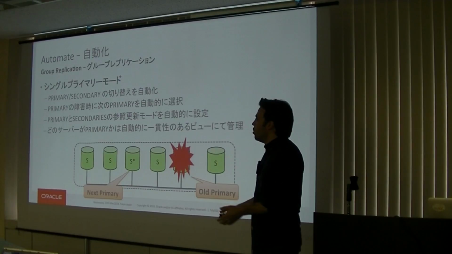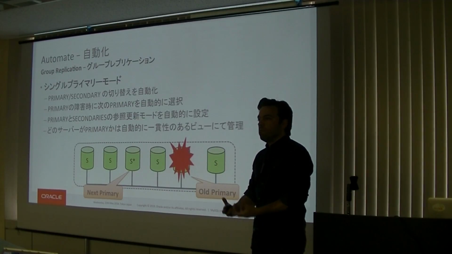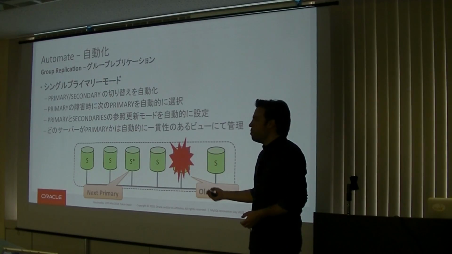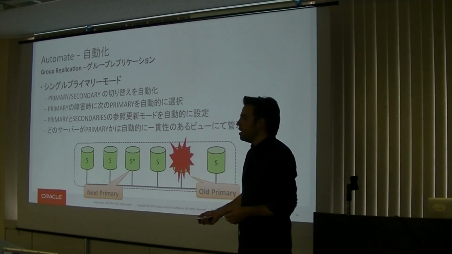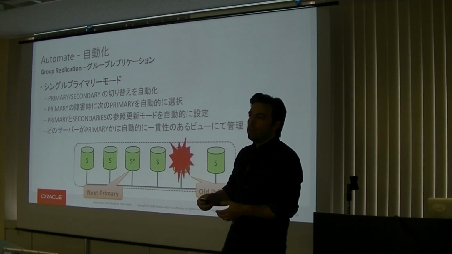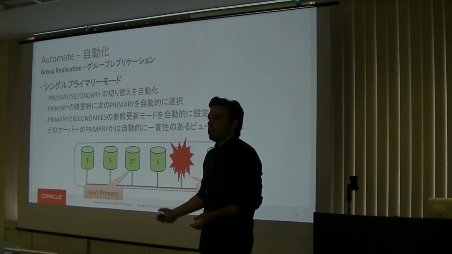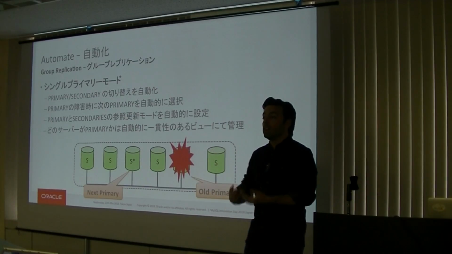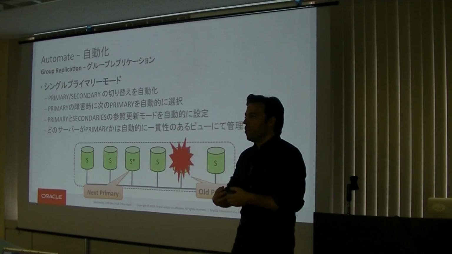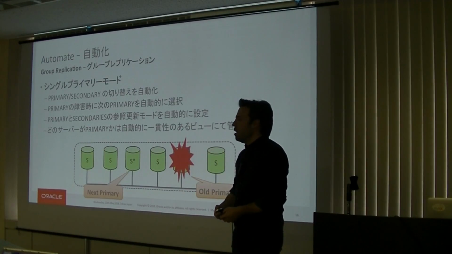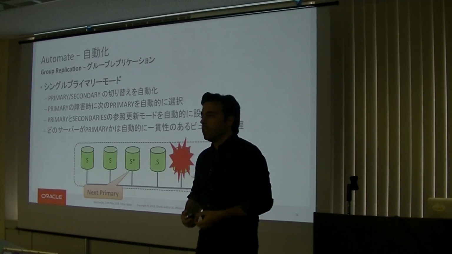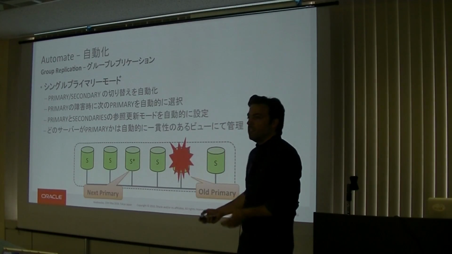So at the core of group replication, there's this Paxos implementation, and then on top of it, we build all these new nice automation things. Every server realizes who the secondaries are automatically and consistently, and then who the primary is, and all the servers automatically and consistently decide who the primary is without requiring external tooling to operate in the system.